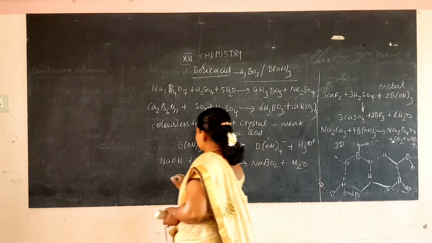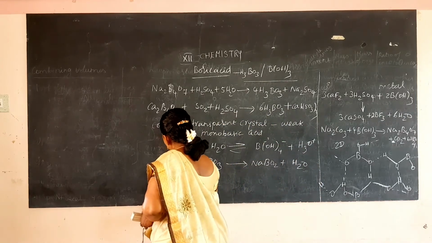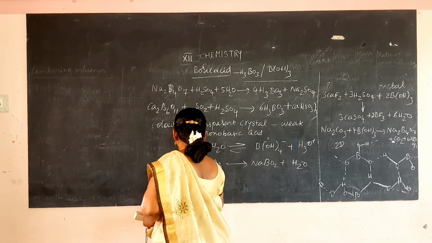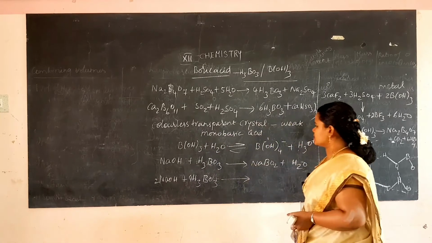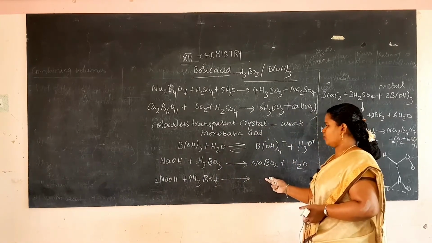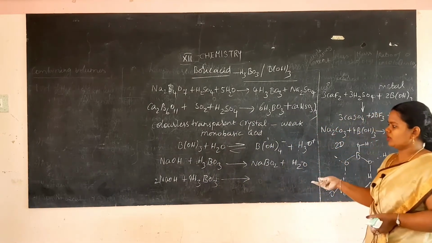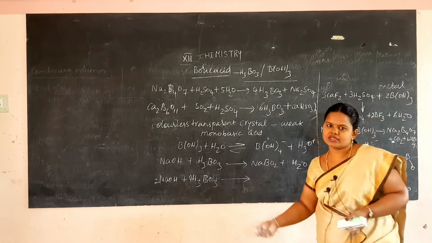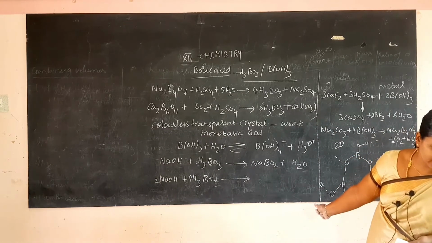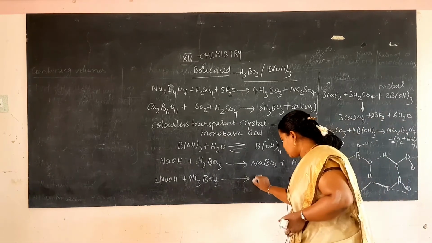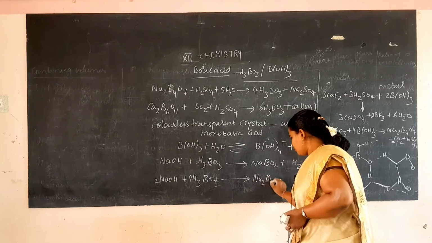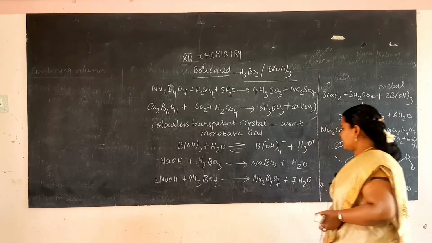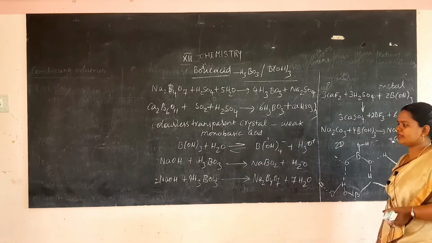And when sodium hydroxide is treated with excess boric acid, it forms different products like borax and water, Na2B4O7. Borax plus 7 moles of water is formed.